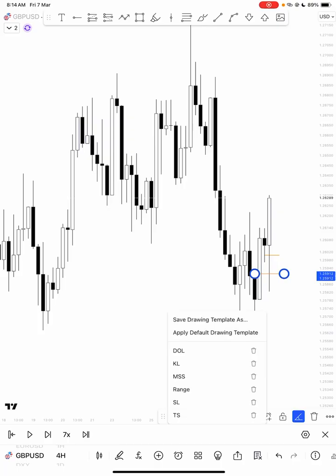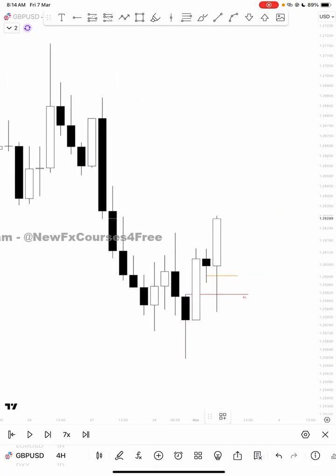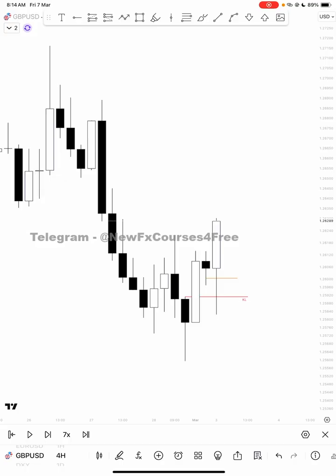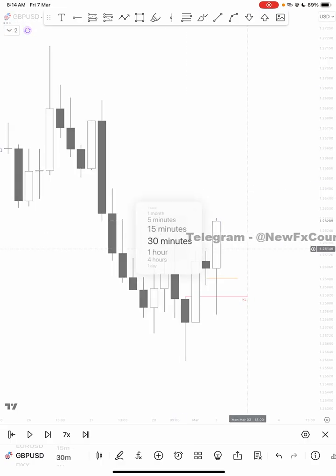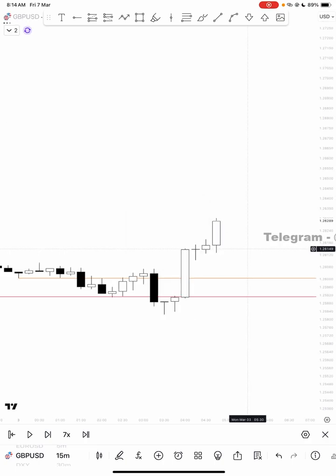So this key level, and you got your opening price. So the market actually manipulated down and tapped on this key level, then expanded higher. So let's go to the lower time frame.